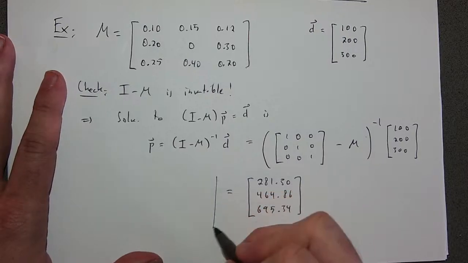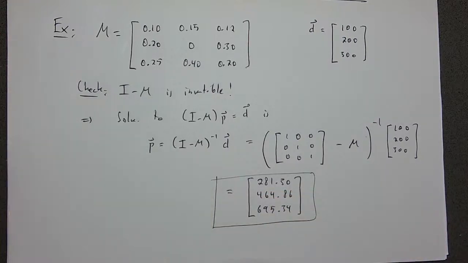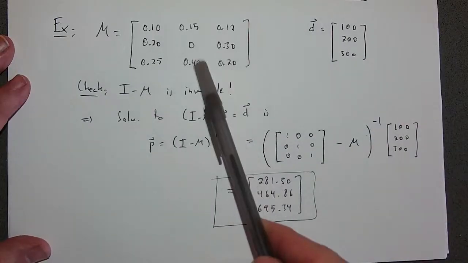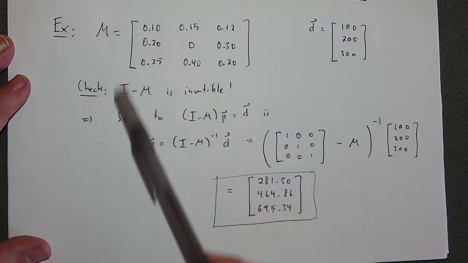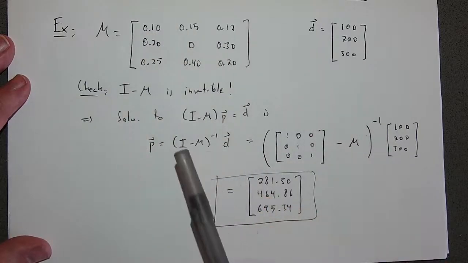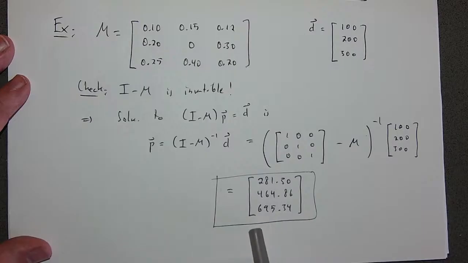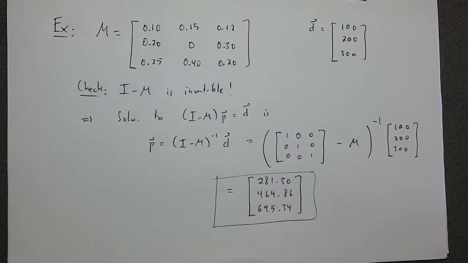So what does this mean? It means that in order to satisfy the external demand and the internal demand required to produce enough units all around, this is exactly what I should set my production to.